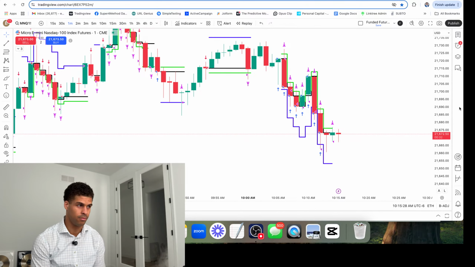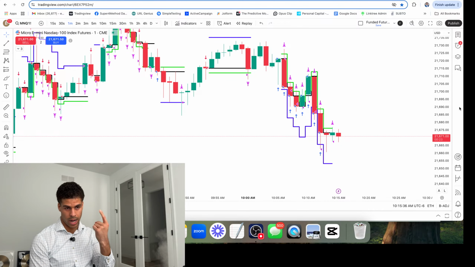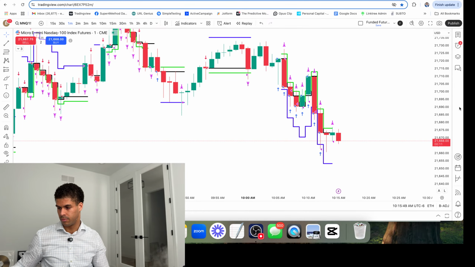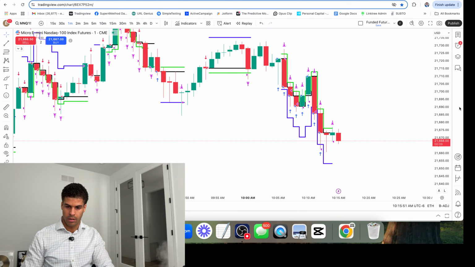Again, 10 micros is still one mini, but we'd save some money on trading one contract, one fee to get in, one fee to go out, instead of trading 4 contract fees to get in, 4 contract fees to get out. So we'll tinker with that as well. Let's go.